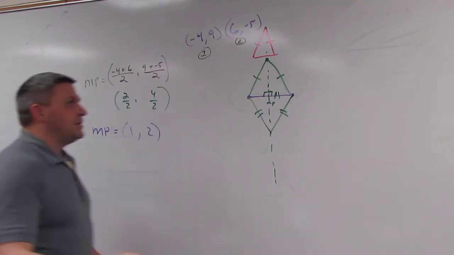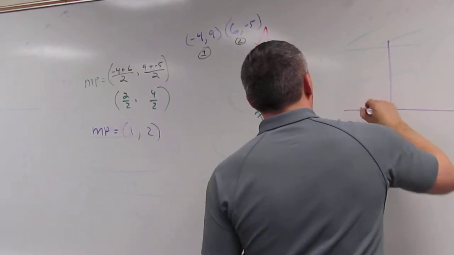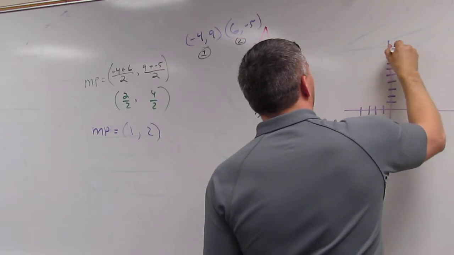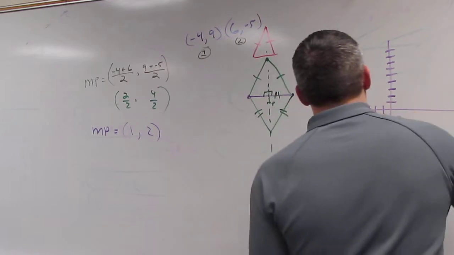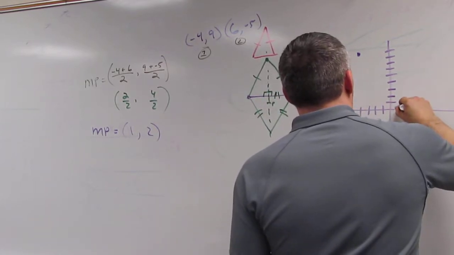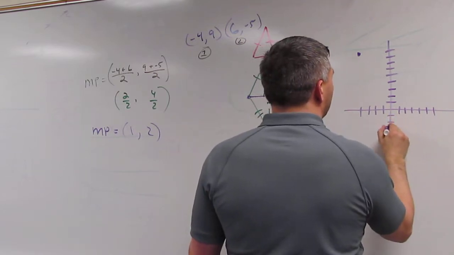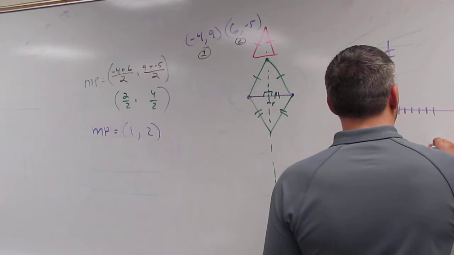So if we graph this really quickly, 1, 2, 3, 4, 1, 2, 3, 4, 5, 6, 7, 8, 9. We'd have that point. And then 1, 2, 3, 4, 5, 6. And 1, 2, 3, 4, 5. We'd have this point.